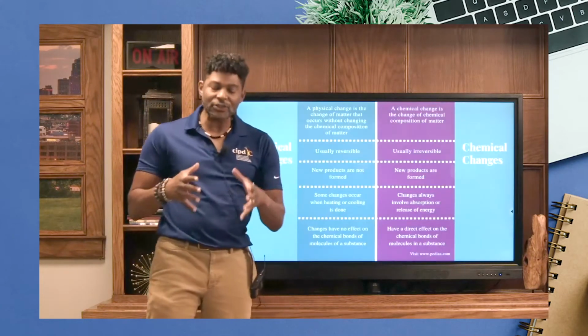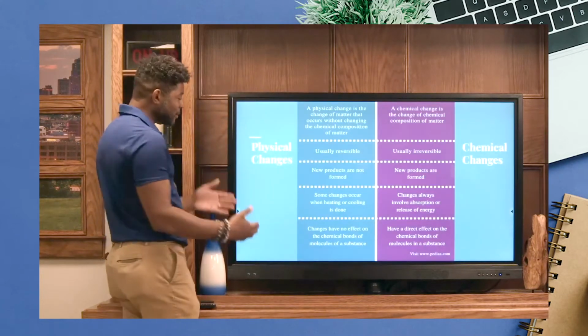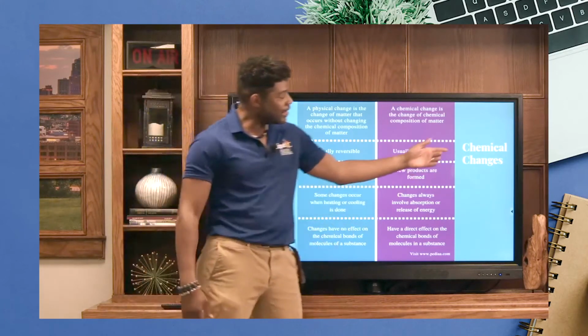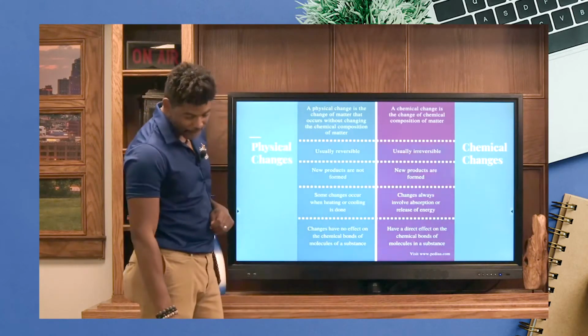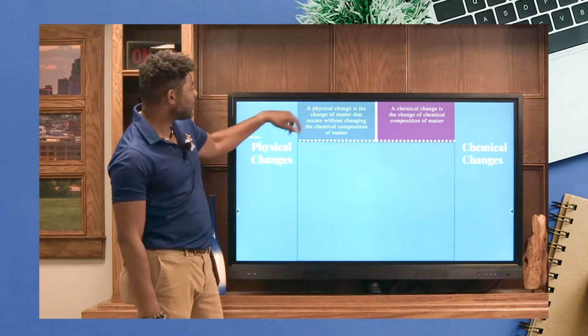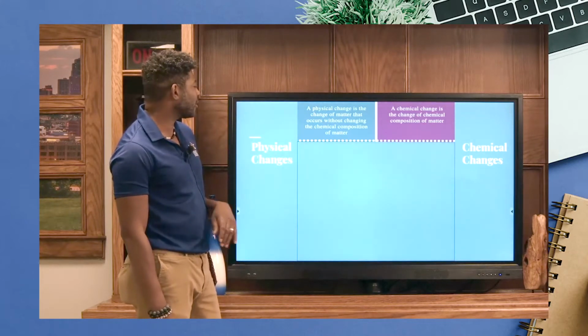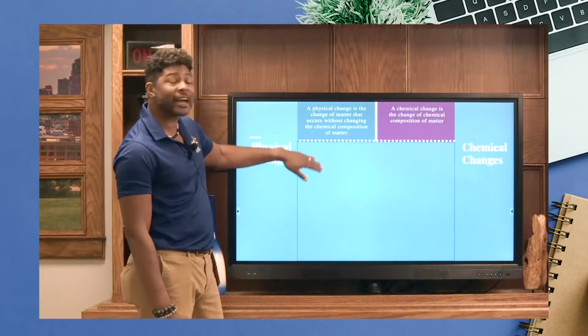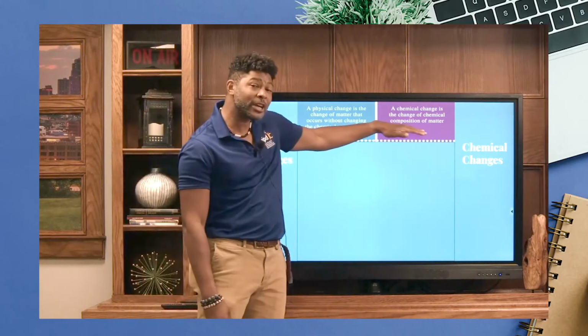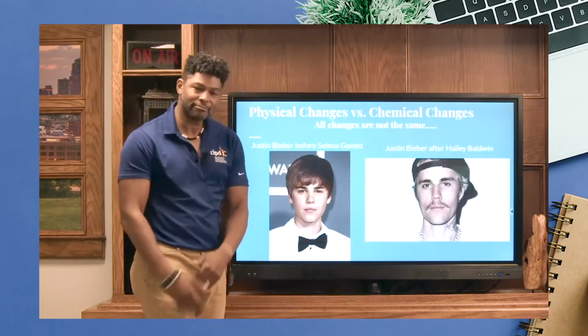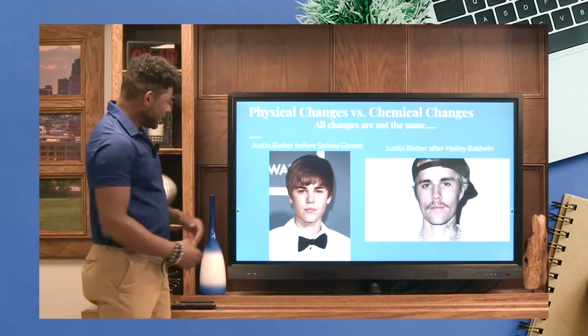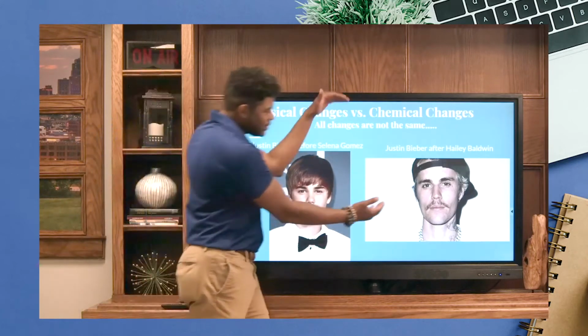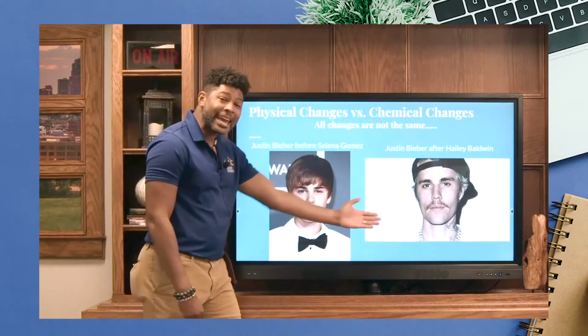So let's talk about characteristics between physical changes and our chemical changes. Let's start with the first one, up top. Physical changes that occur will not change the composition of matter, whereas a chemical change will. So again, let's look at Justin. Justin Bieber before, Justin Bieber after, it's the same guy.